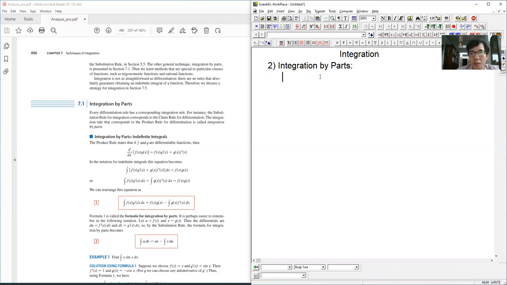The formula for evaluating integration by parts, when you have the integral of u dv, equals uv minus the integral of v du.